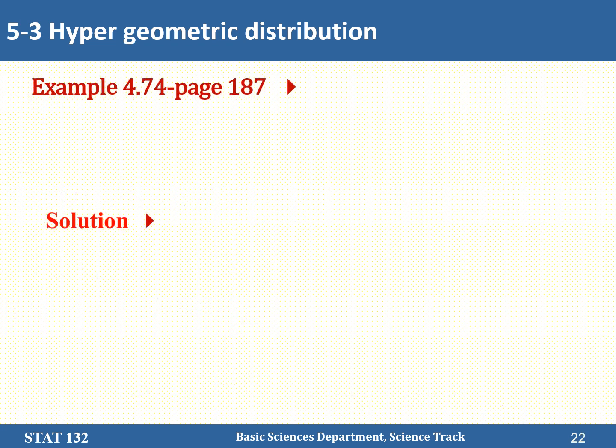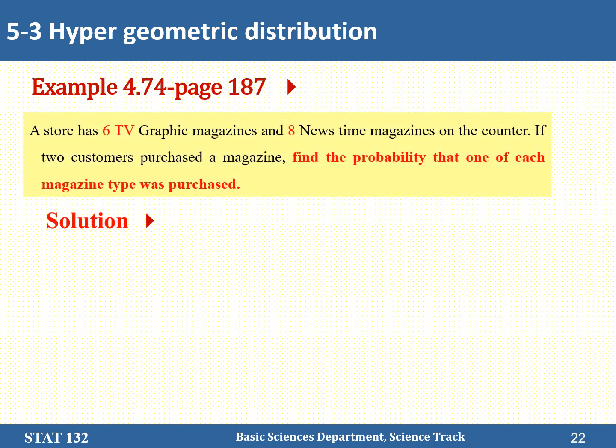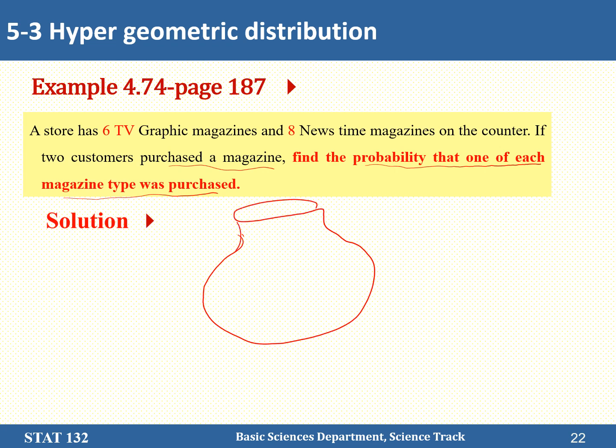Now let's look at this example. A store has 6 TV guide magazines and 8 news magazines, Time magazines, on the counter. If 2 customers purchase a magazine, find the probability that one of each magazine type was purchased. Okay, we can think of it as a bag problem.